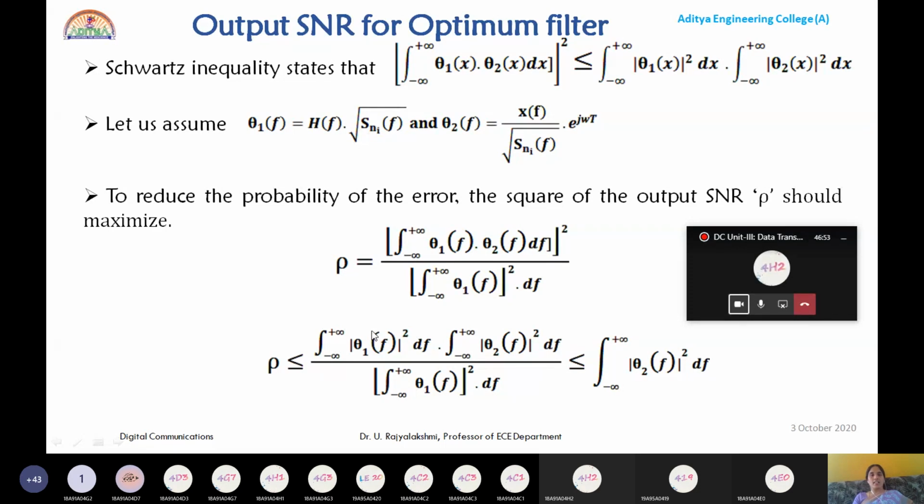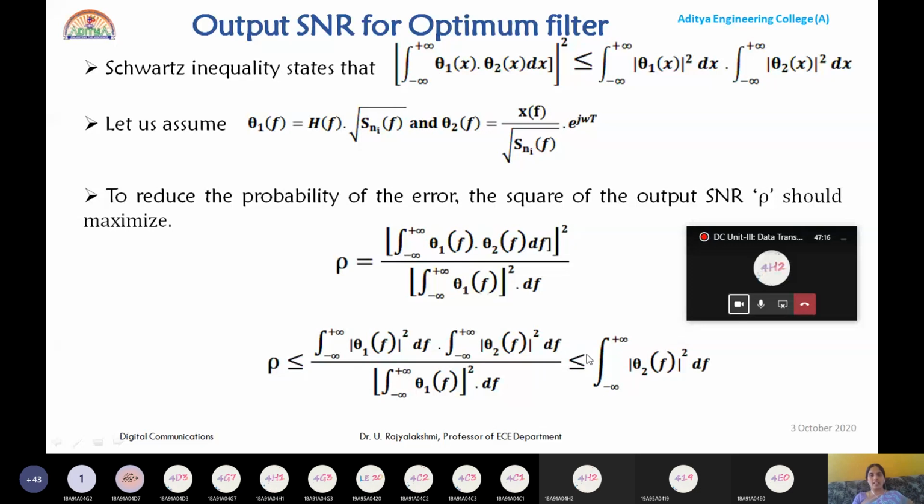In the numerator and denominator we have the same term, the integral from minus infinity to plus infinity of theta 1 of f whole square df, so these two get cancelled.